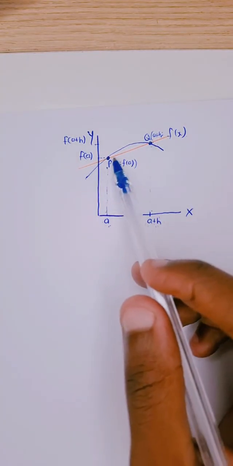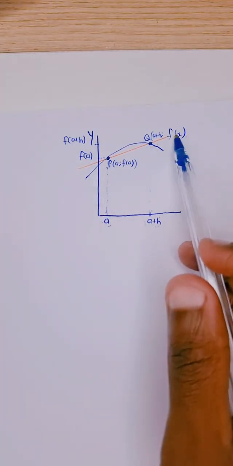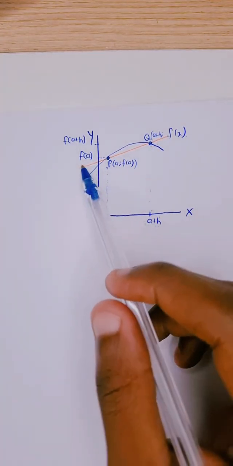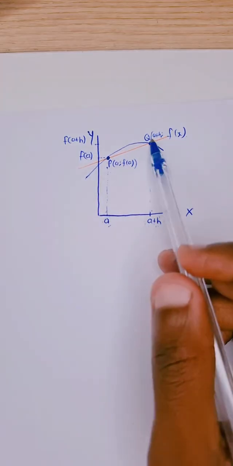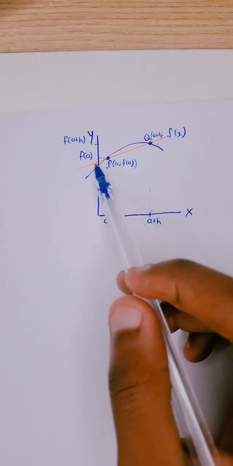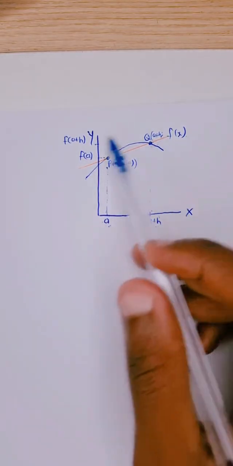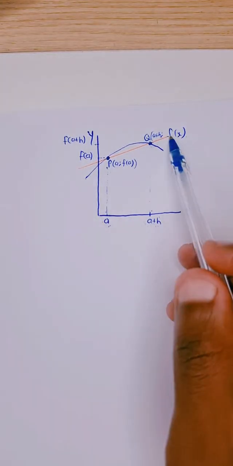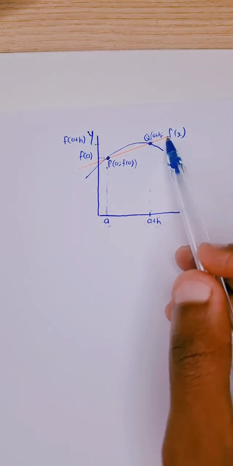So this is what we call a secant, right? Remember in your circle geometry, you had a secant, which was a line that extended beyond the boundaries of the circumference. So here we call this a secant line.